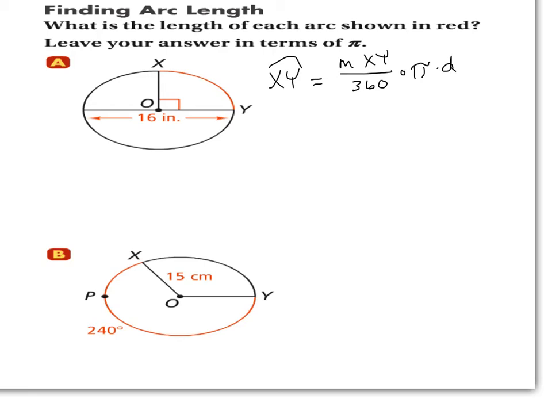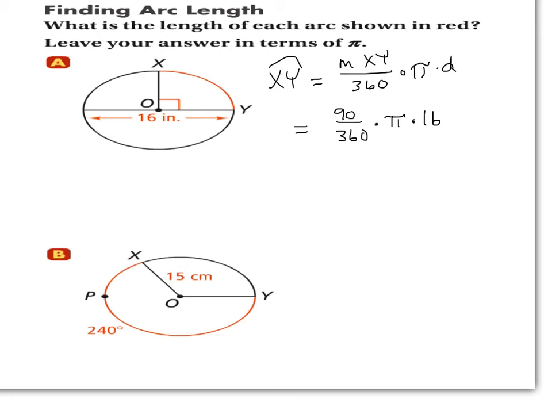Okay, so as I look here at the measure of arc XY, you'll notice that this angle is 90 degrees. Remember, it's a central angle. The central angle is equal to the measure of the arc. So the measure of arc XY is 90 degrees, divided by 360, times pi, and the diameter is 16.